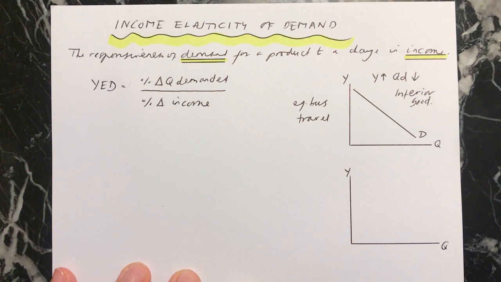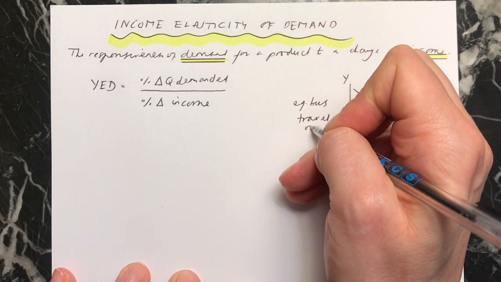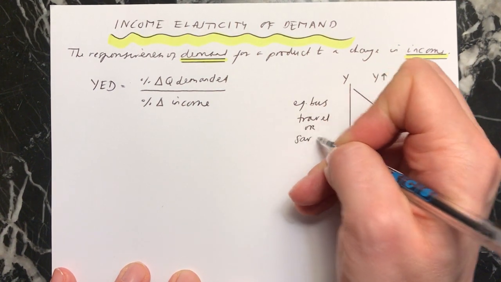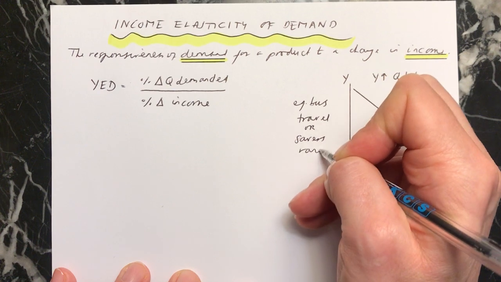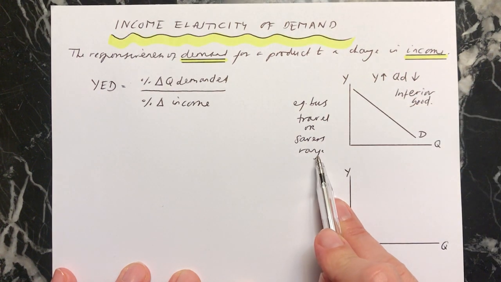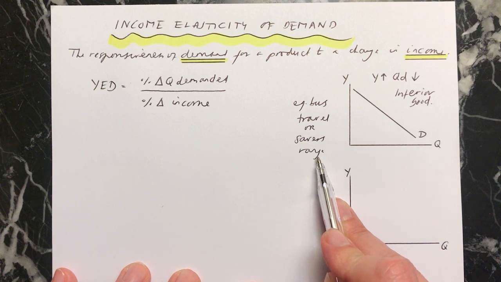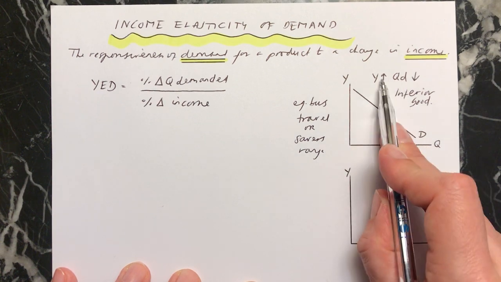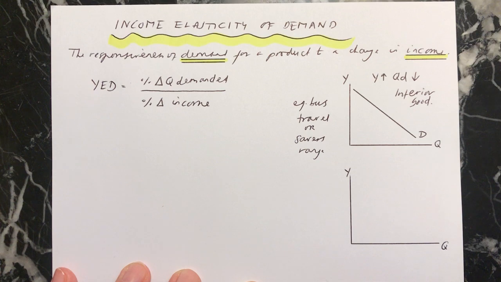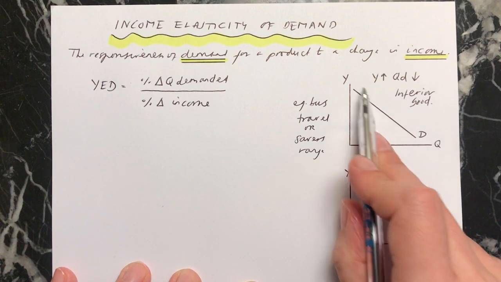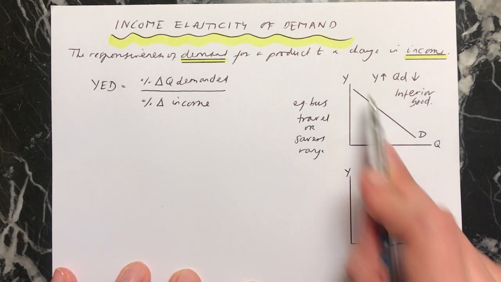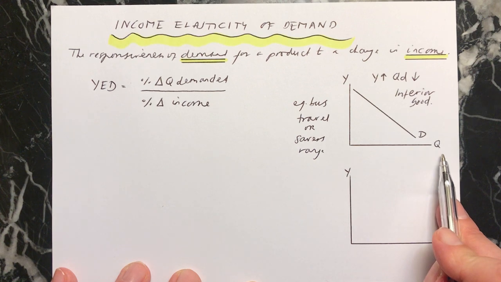Bus travel would be one thing. And another one would be a savers range in a supermarket. So if you can get the very basic pasta or the very basic cereal, something like that, that's very cheap, if your income goes up, you'll demand less of it. These are inferior goods, and it's a negative correlation between income and quantity demanded.